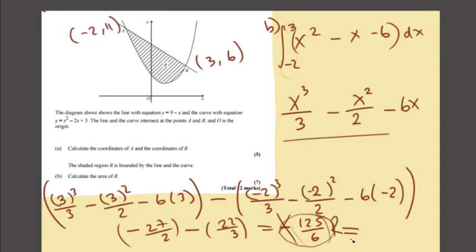So the area R, if I rewrite it up here with a different color, R is equal to 125 over 6, or alternatively 20 and 5 over 6 if you want to give it like this. And that's it. That is how to find the area between equations of a straight line and a curve.